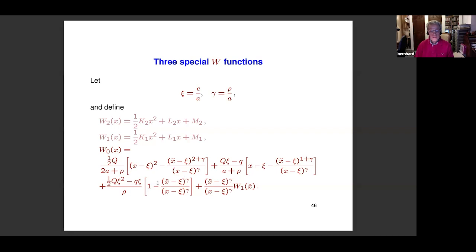Same thing here, same thing here. And therefore, you are left with 1. So you are left with W0 of x change equal W1 of x change. Okay, this is written in the definition of W0.